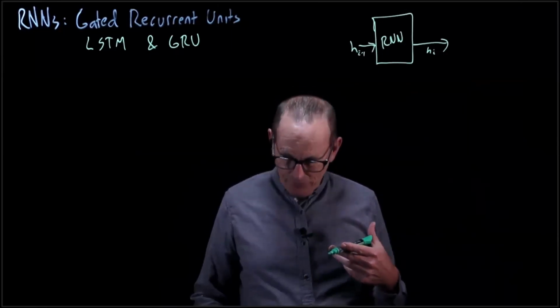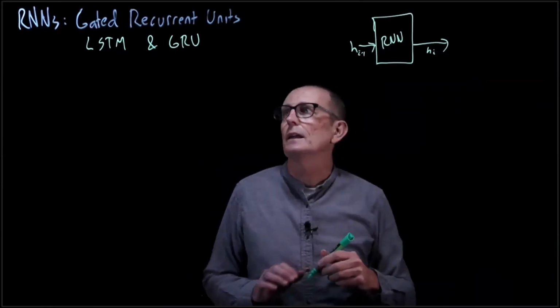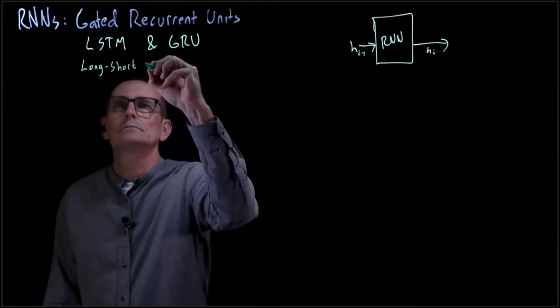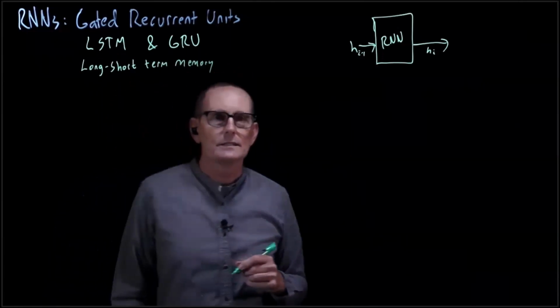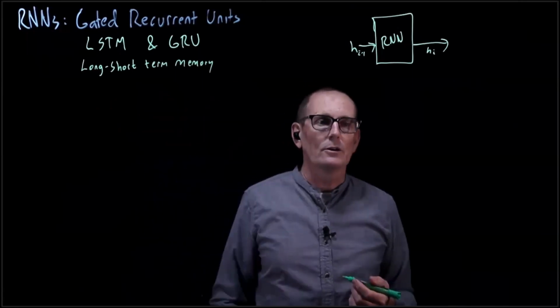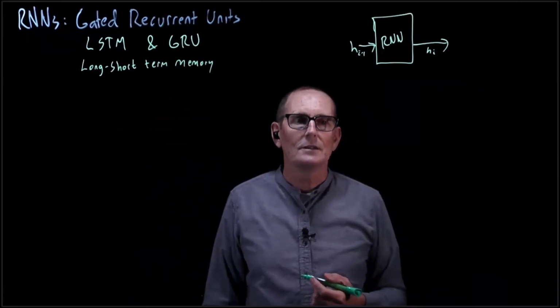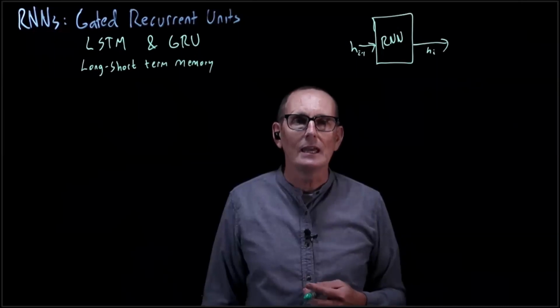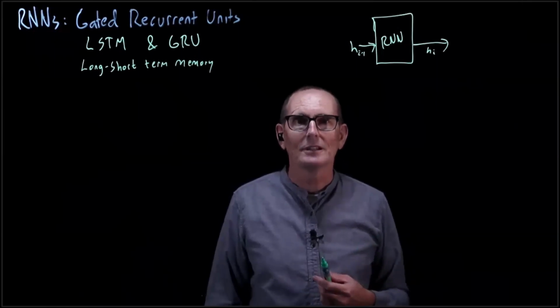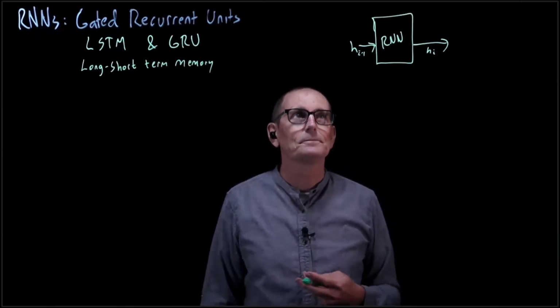The idea for an LSTM, and LSTM stands for long short-term memory, is that it can maintain both long-term and short-term memory. Invented actually quite a while ago, I think it was 98. So in terms of neural networks and deep learning, that probably was a long time ago.